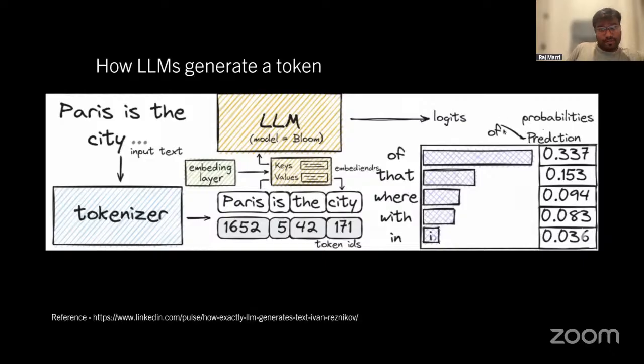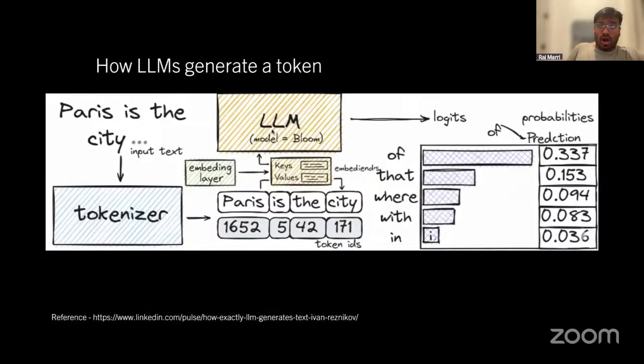Now, if off is predicted, in the next iteration, Paris is the city off would go into this process again to generate the next word. So this is how the LLM generates a single token.